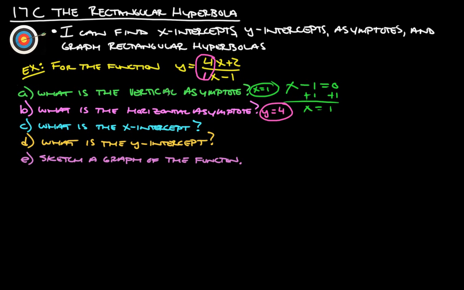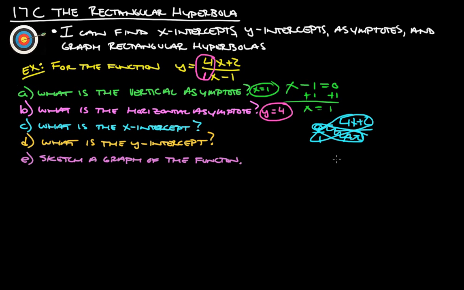The x-intercept is when y equals 0, right? So let's do that. Let's do 0 equals 4x plus 2 over x minus 1. I'm going to do that as 0 over 1. So we cross multiply and those go away because 0 times anything is going to be 0.